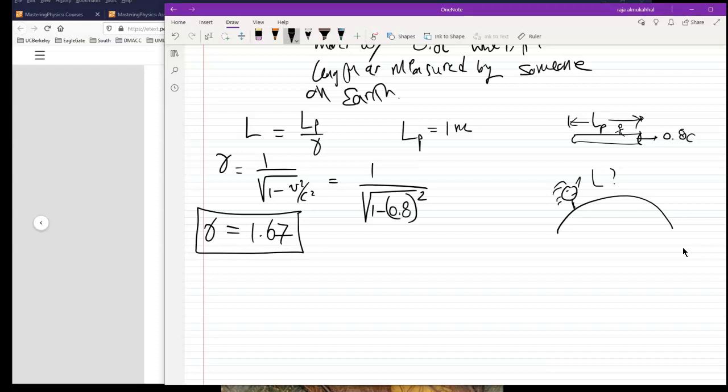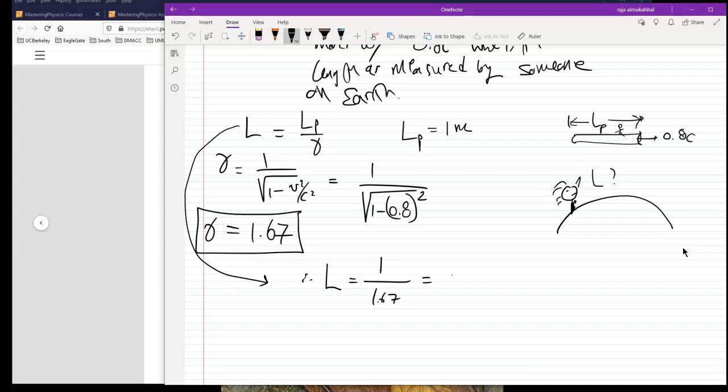Okay, so I go back and plug it in here. Therefore, the length as measured by this person right here is equal to 1 meter divided by gamma, which is 1.67. If I take the reciprocal, 1 divided by 1.67 equals 0.59, roughly 0.6.